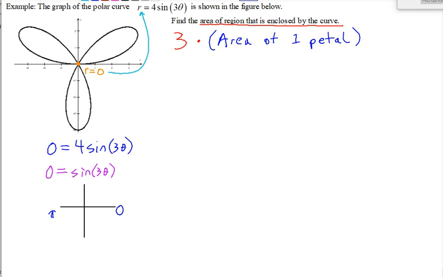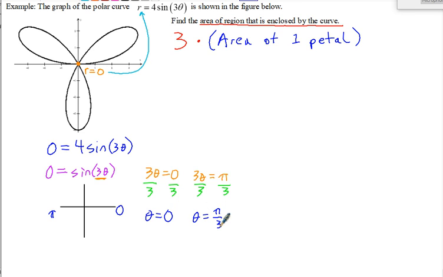And remember, we've got 3 theta in here instead of just theta. So that's why I erased this theta equals pi, because it's really not theta that has to equal pi, it's 3 theta that could equal 0, or 3 theta could equal pi. And if you divide by 3 to solve for theta, you can see here we get theta equals 0 still, and theta equals pi over 3.